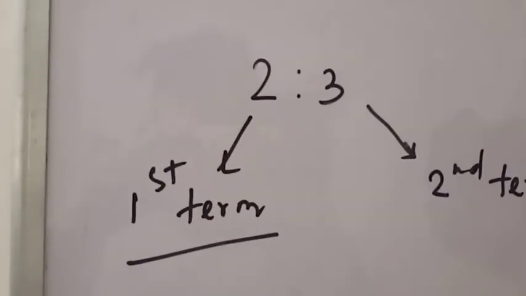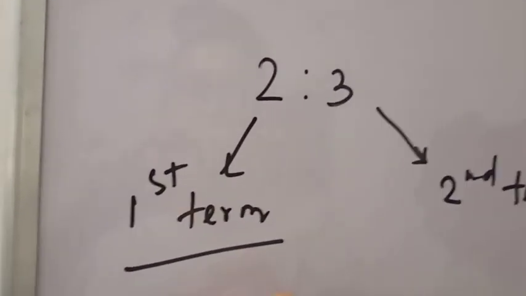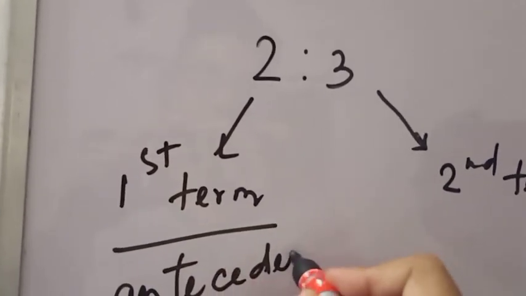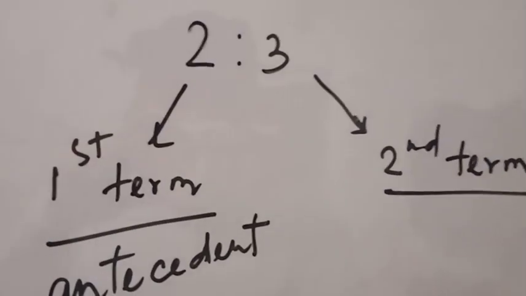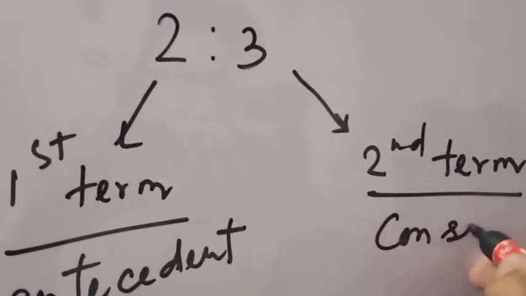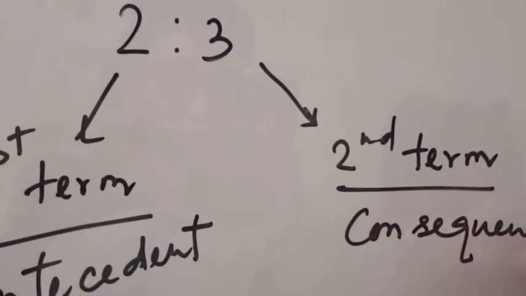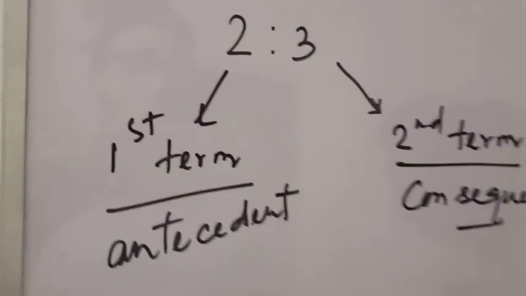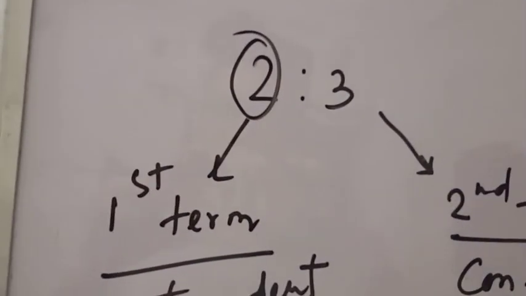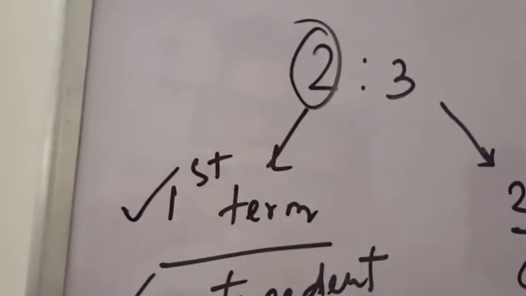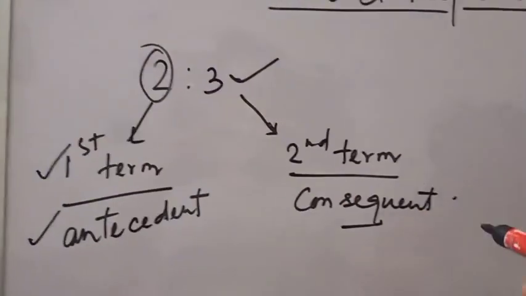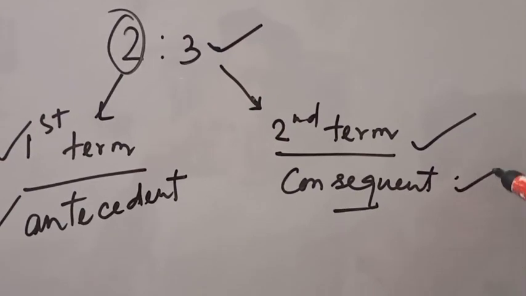Or we can write here antecedent, and this is the consequent. So in the ratio, the first number is called first term or antecedent, and the second number, that is 3, is called second term or consequent.